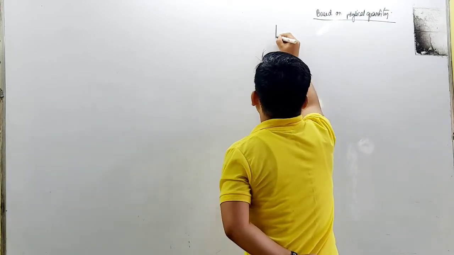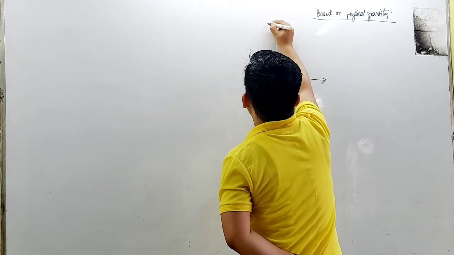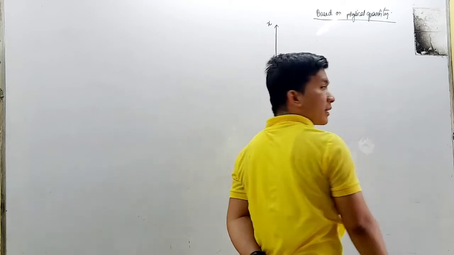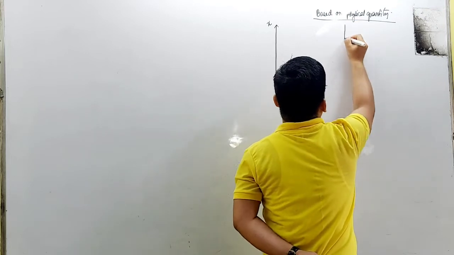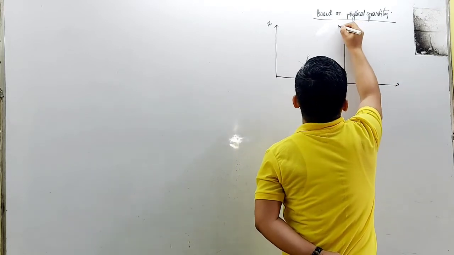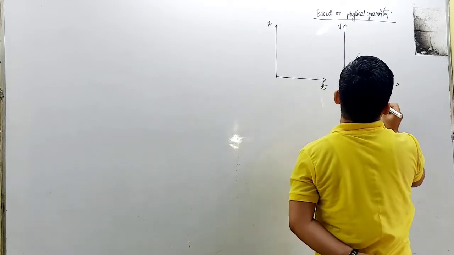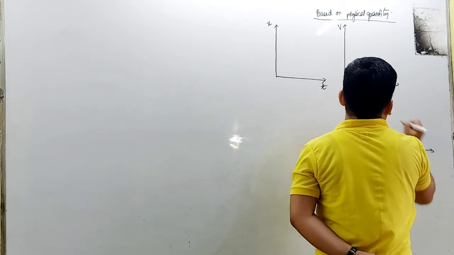Number one will be the position time graph, or displacement time graph. Next we will have the velocity time graph. This will be our velocity, this will be time. And the third one will be the acceleration time graph.